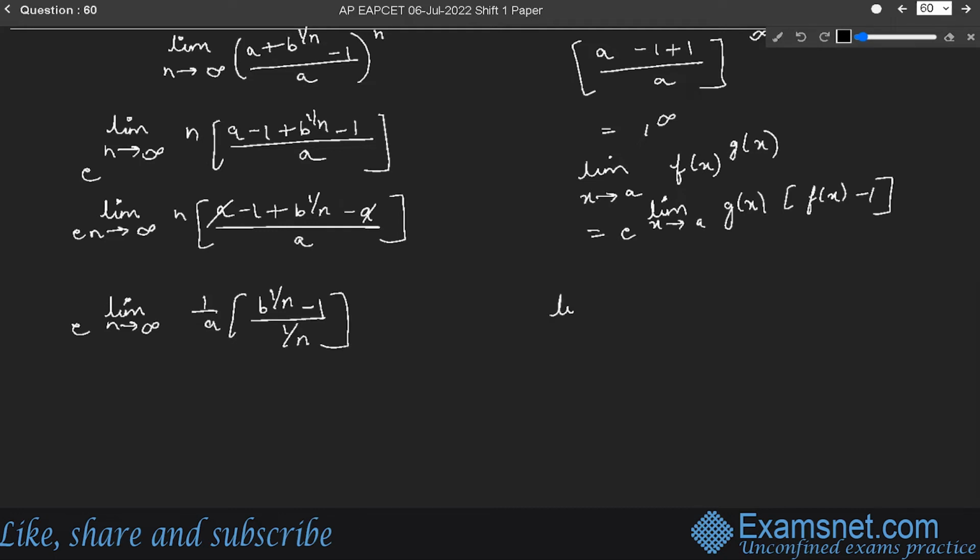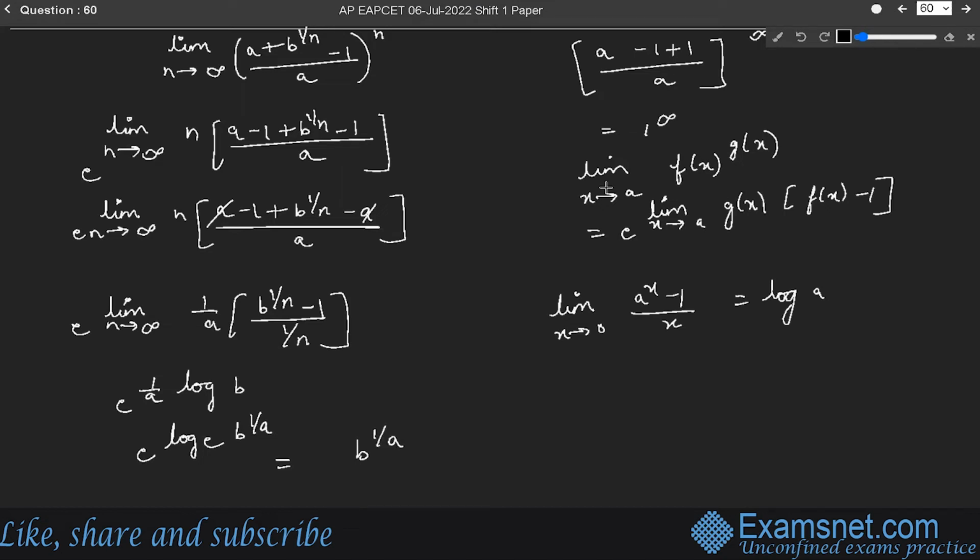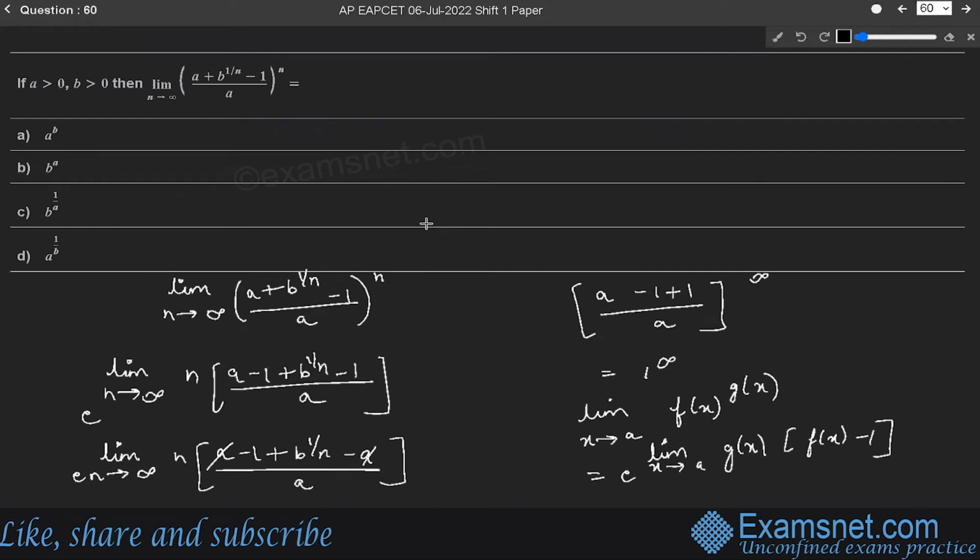We know there is another identity: limit x tends to 0, (a power x minus 1) upon x is equal to log a. Applying this, it becomes e power 1 by a log b. So it will be e power log base e of b power 1 by a, which is equal to b power 1 by a. So the correct option for this question is b power 1 by a, which is option C.